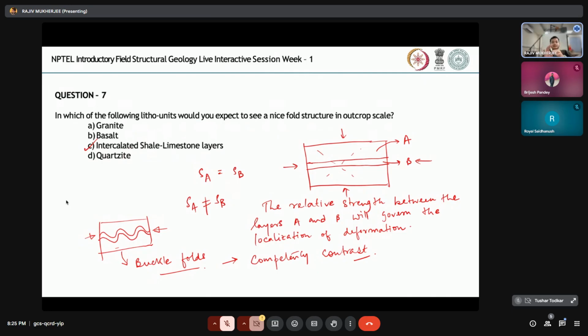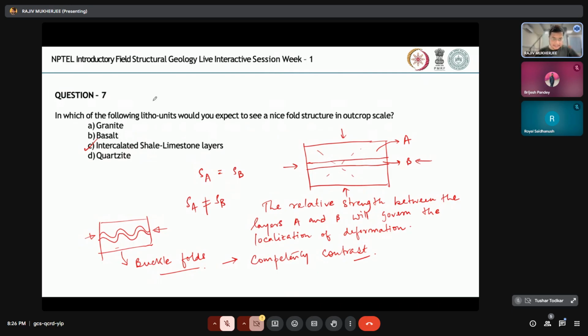So in terms of compositional heterogeneity, I am specifically talking about heterogeneity in the strength of the material. If there is a heterogeneity in the strength of the material, then only it is possible to localize the deformation due to the active stresses, and eventually you can generate fold or shear zone like structures.